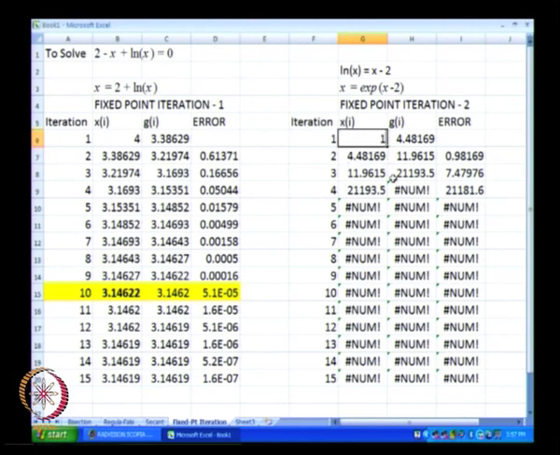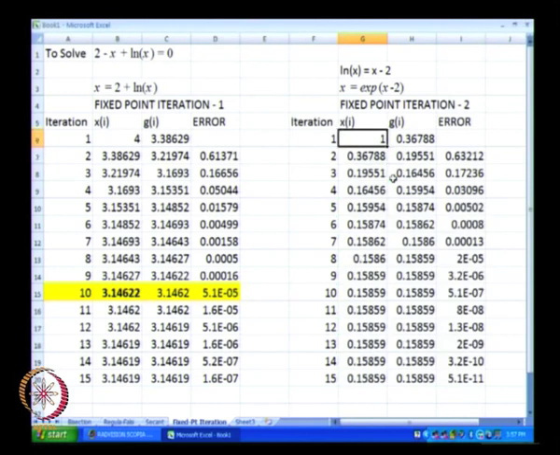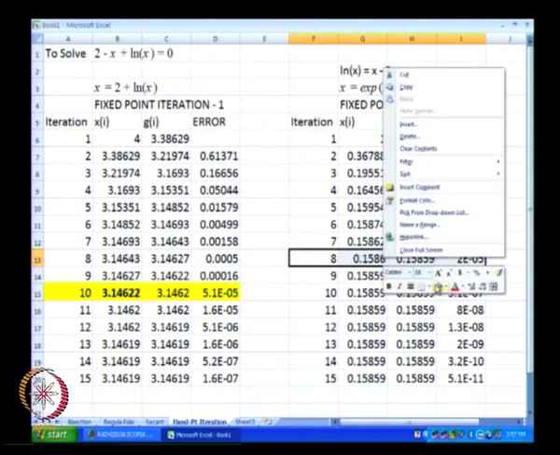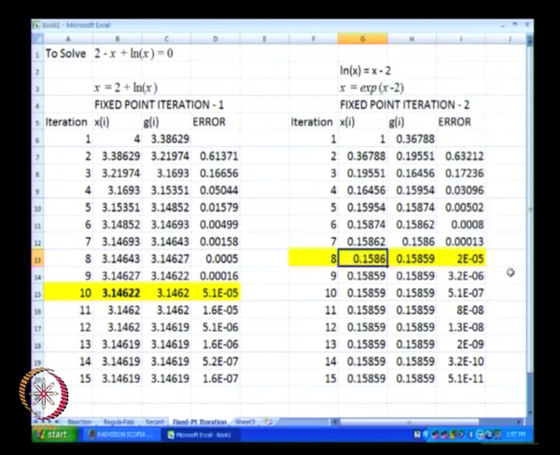Just to finish this off, starting with xi equal to 1, our stopping criterion is that the error should fall below 10 to the power minus 4. So, this is going to be our solution, 0.1586. That is the solution using fixed point iteration, the method 2.